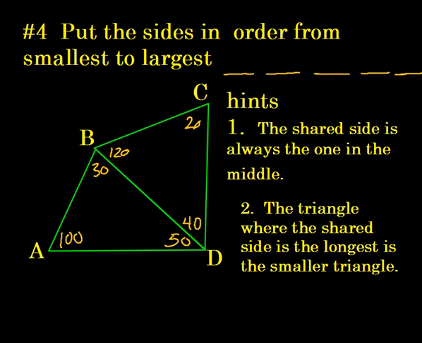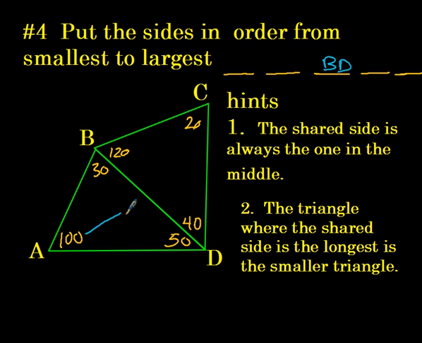Moving on, we had these problems where it was two triangles pushed up against each other, and you were asked to put the sides in order from smallest to largest. Here is a hint: the shared side, the part that's always in the middle, is always going to be the middle side length. So BD is the shared side, so BD is going to be the middle side length.